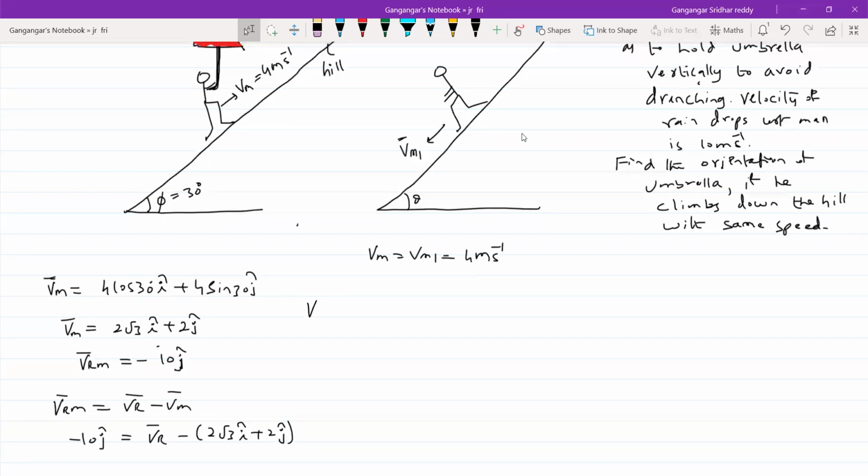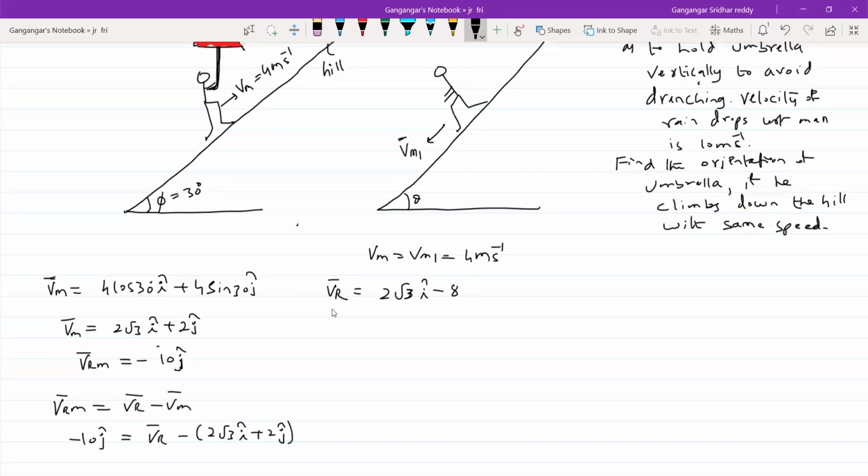So VR bar is equal to 2 root 3 i cap, and then minus 2 j cap, when it moves to the LHS, becomes plus 2 j cap, and minus 10 j cap is there.